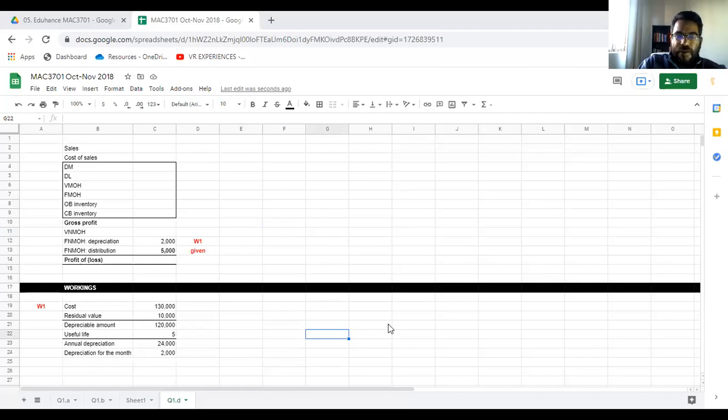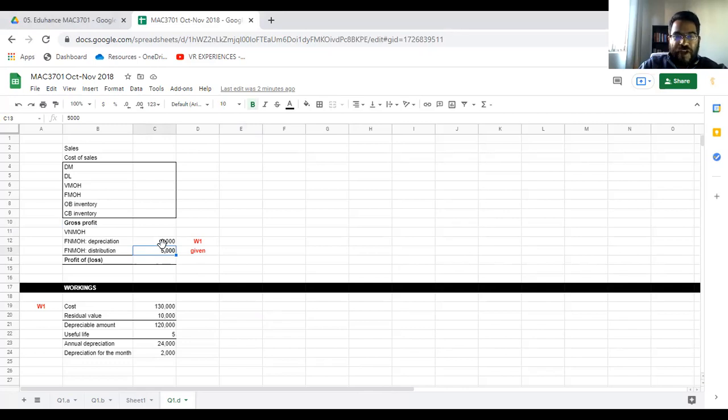Okay, so remember, depreciation is a fixed cost, but is it manufacturing or non-manufacturing? Because the depreciation relates to office equipment, it is non-manufacturing, therefore it's below the gross profit line item.